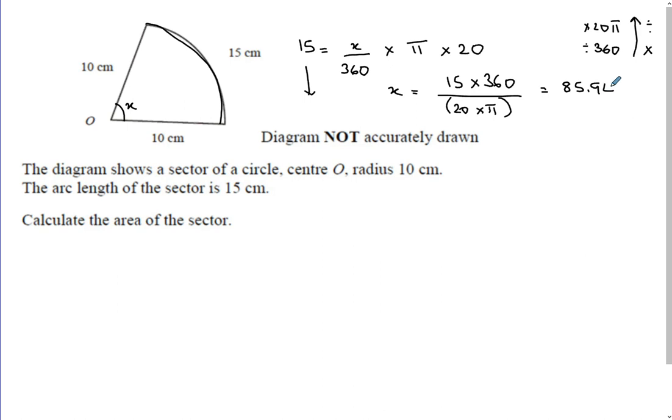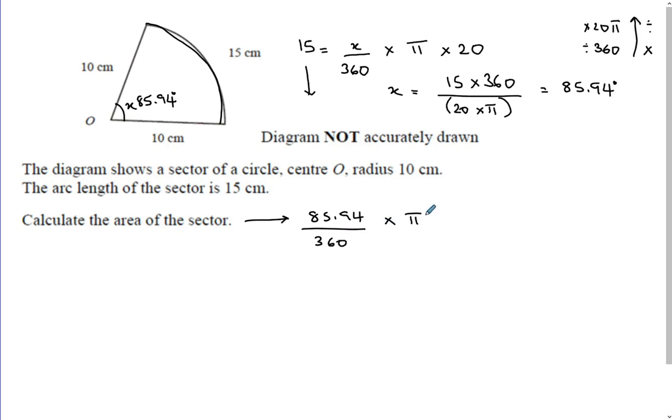85.94. I've put it to 2 decimal places because I'm going to use it, so when I get to my answer, at least then I can put it to 1 decimal place or 3 significant figures. So I've carried 4 significant figures or 2 decimal places. Now we've found the angle, we can find the area of the sector. What fraction of the circle is it? 85.94 divided by 360 times pi r squared.